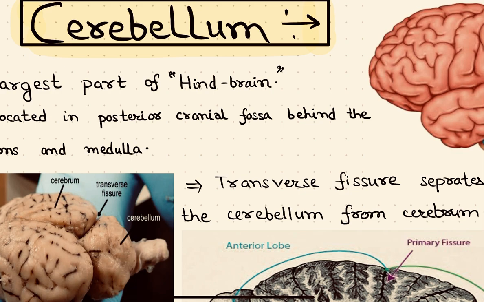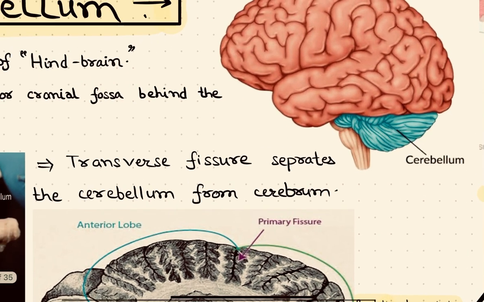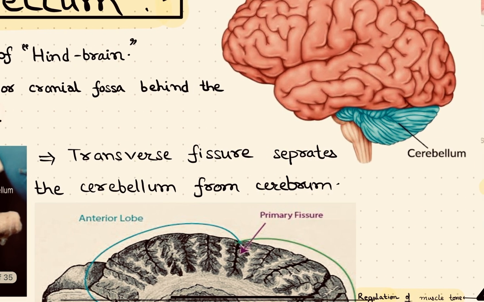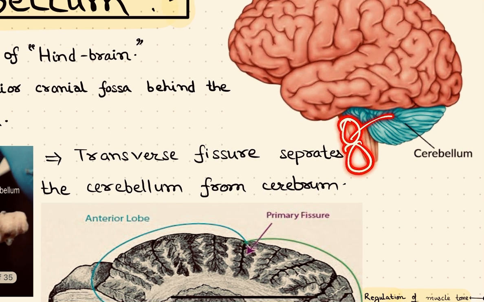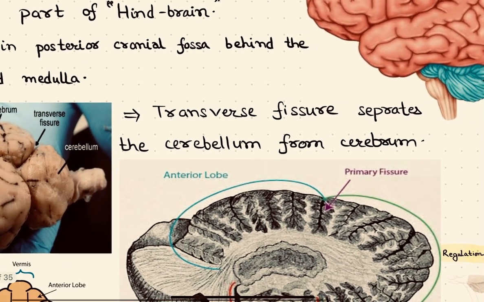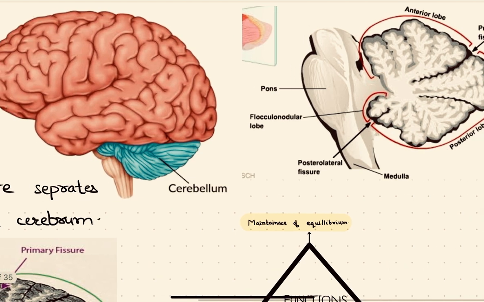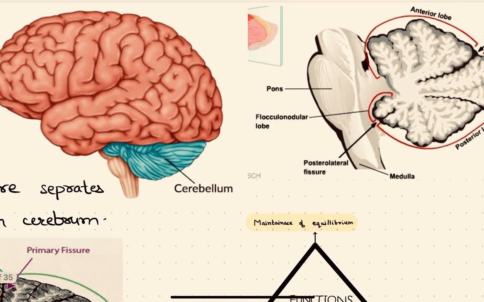It is located in the posterior cranial fossa, behind the pons and medulla. This is the pons and this is medulla, and it is present behind the pons and medulla. Now what are the structures which are present in the cerebellum? If you see the cross section, the structure of cerebellum on the upper surface is known as anterior lobe, and the structure on the lower surface is the posterior lobe.